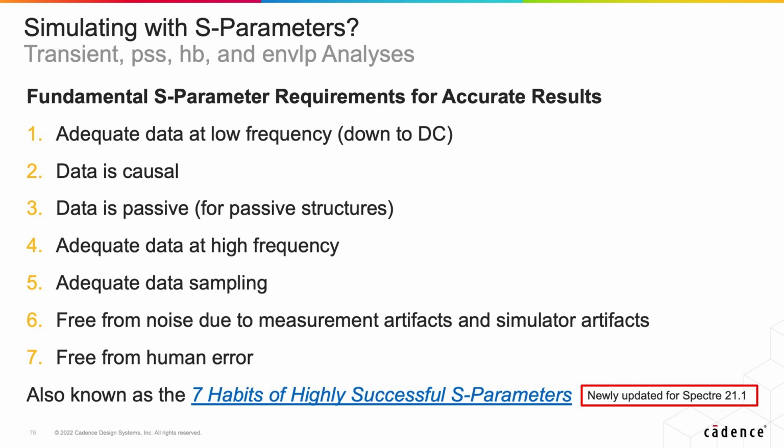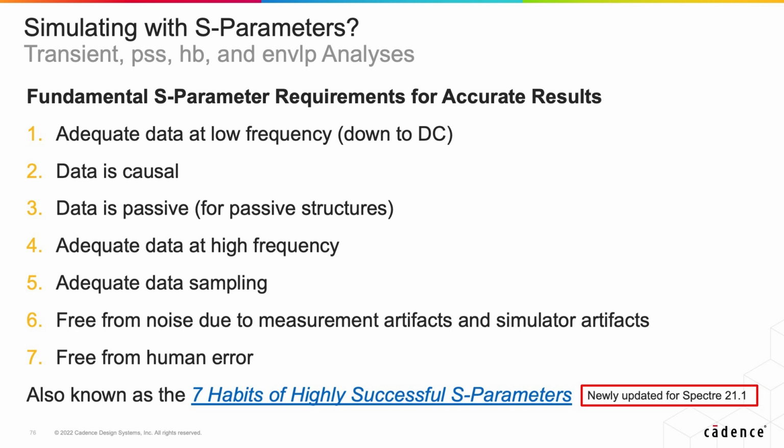She has updated it for 21.1 with the latest interpolation methods and all of that. So this can be extremely useful if you are trying to bring in large S parameter files and simulate with TRAN or PSS or HB.